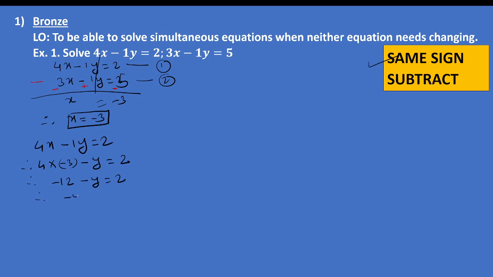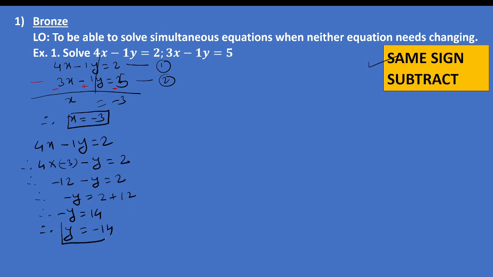So now this minus 12, when we switch the side, that means when we are transferring this minus 12 to the other side of the equal, it will go for plus. So therefore my minus y will be plus 14. However, what we are seeking for is not minus y, we are looking for plus y. So when we switch this minus sign to the other side, it is going to be minus 14.